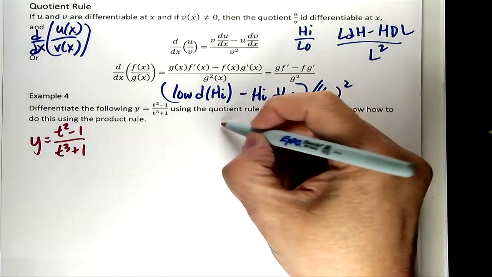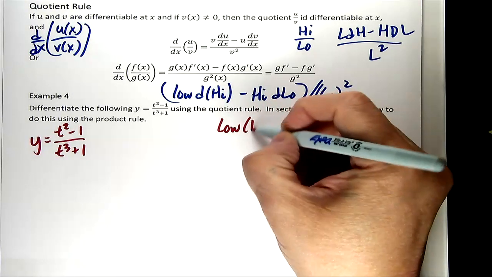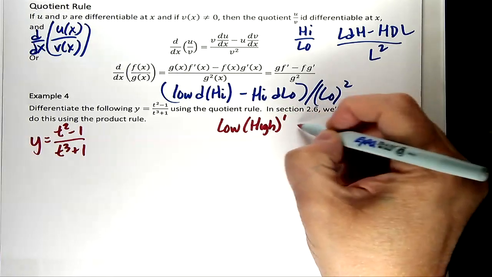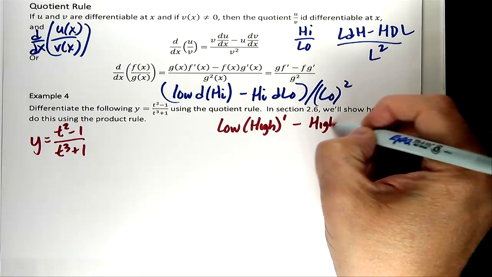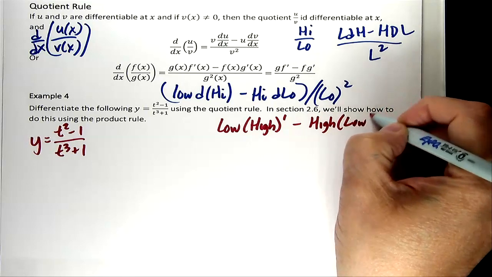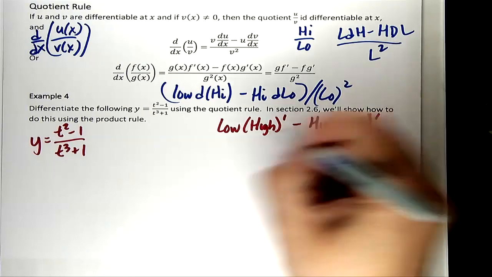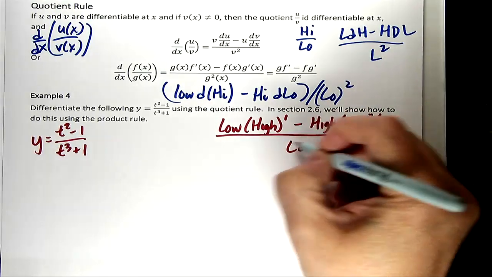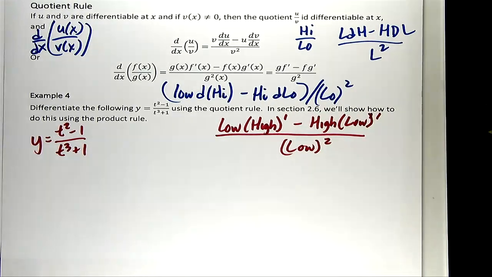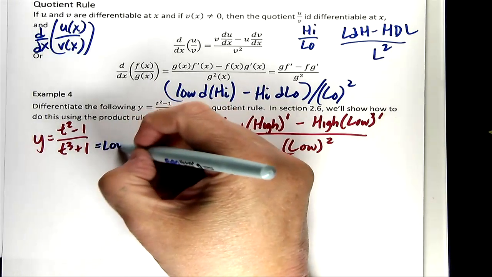And I want to do low times the derivative of the high minus the high times the derivative of the low, all over low squared. So this is my low and this is my high.